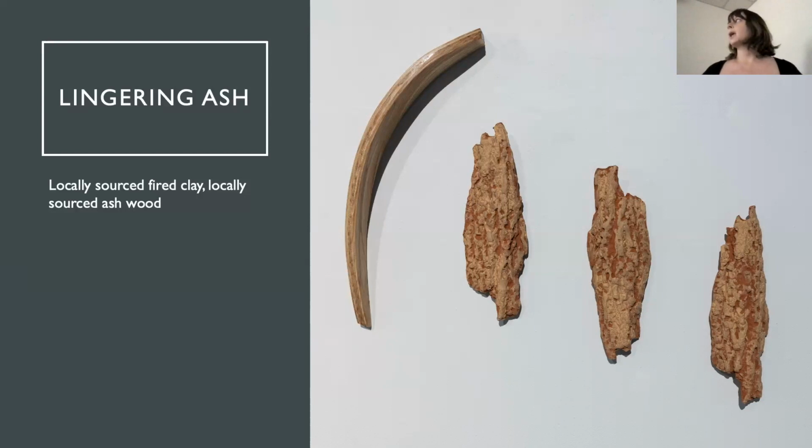Lingering ash was a term that I came across as the way that some scientists are talking about the ash that will survive the emerald ash borer. And so this piece again is a question about what the future holds as far as this particular genus, and the 3 pieces of bark refer to an ellipsis of, we're not sure what's going to happen.